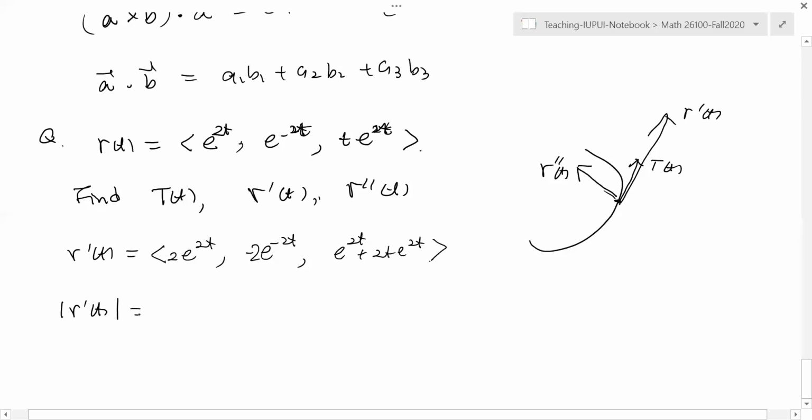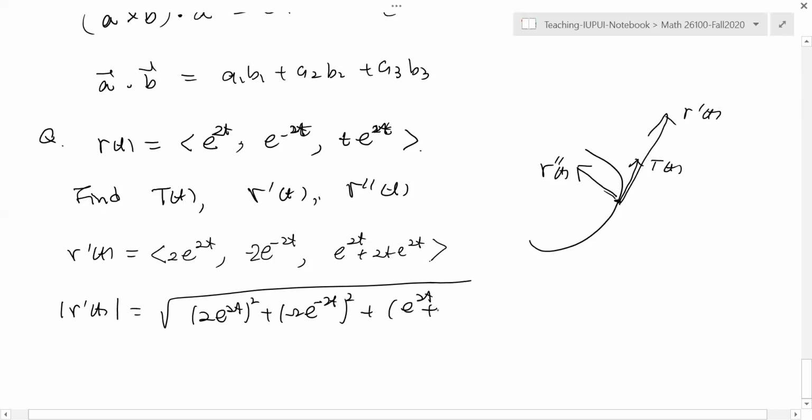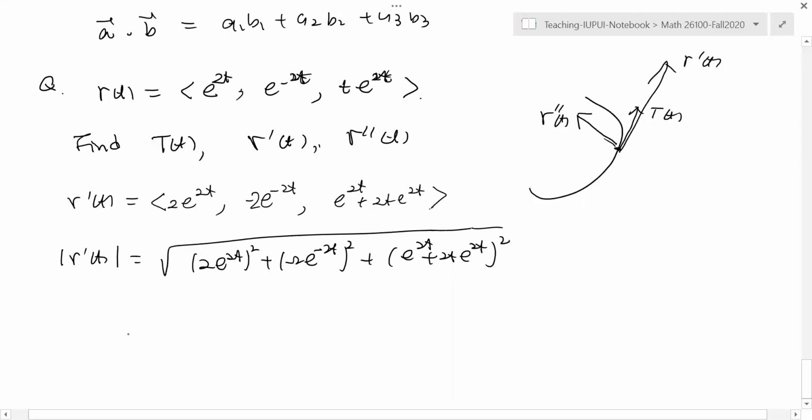It looks complicated: 2e to the 2t squared plus negative 2e to the negative 2t squared plus the third term squared. But remember, I cannot take all the terms out because e to the 2t here and e to the negative 2t are not the same term, so you're not able to simplify it.